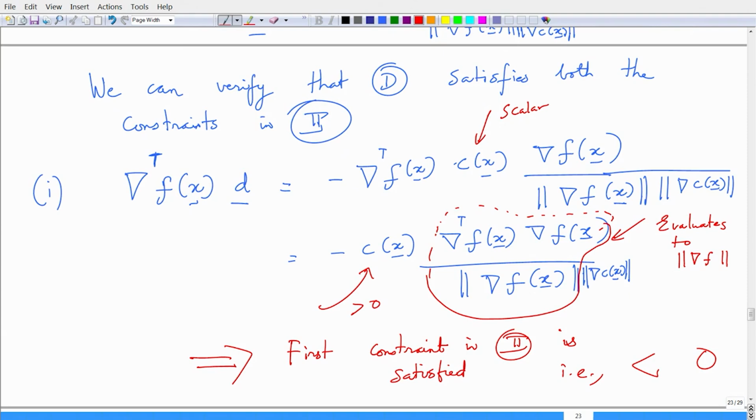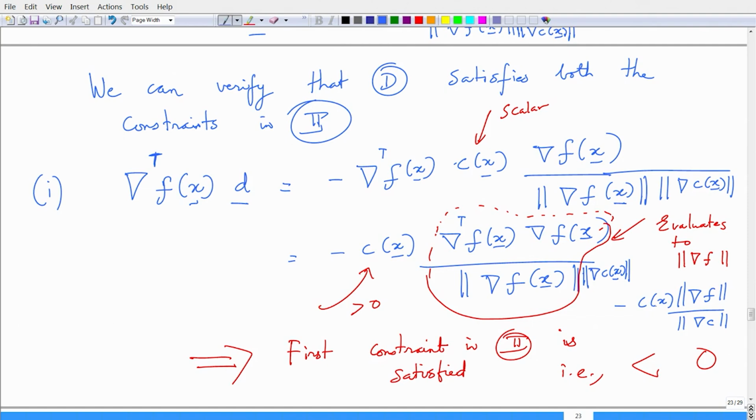Now, if I simplify this, I have minus C of x times norm del f upon norm del C. Norms are greater than or equal to 0 because they measure in some sense a positive distance.